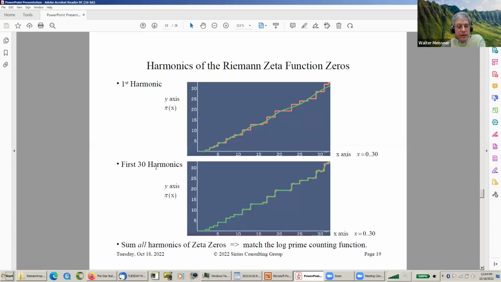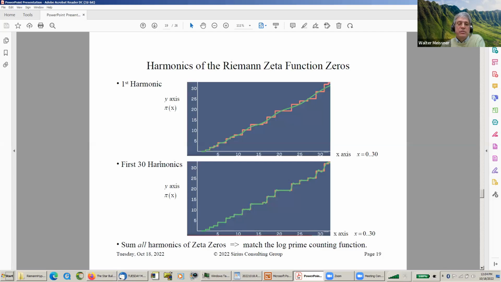Anyway, what they noticed is if you plot the harmonics of when the Riemann zeta function is 0, and just do the first harmonic, where this is the modified prime counting function and the x-axis is the integer series, you get a wavy function that sort of follows this staircase prime counting function.